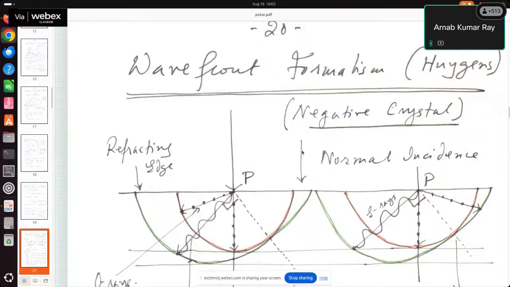But here we are talking about the wavefront formalism of light, whose father was Christian Huygens. We are talking using a negative crystal such as calcite.